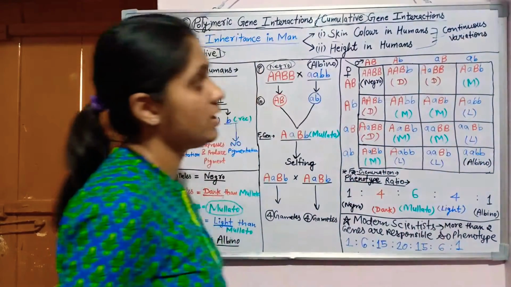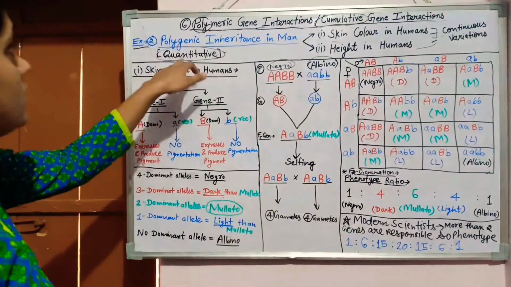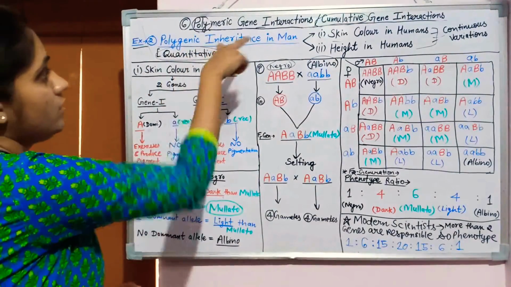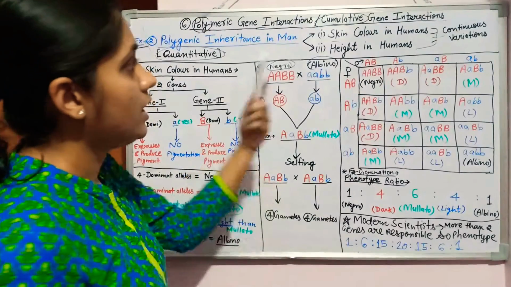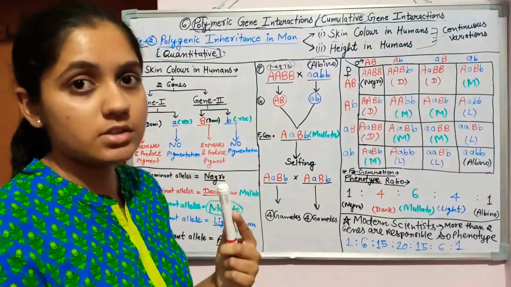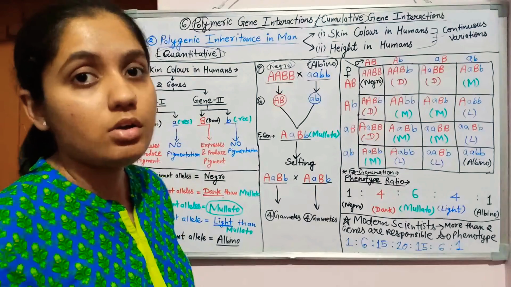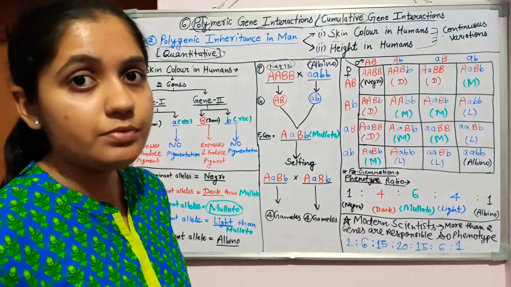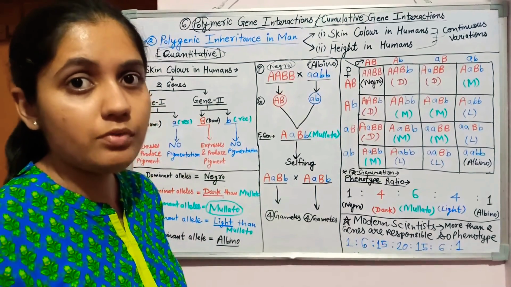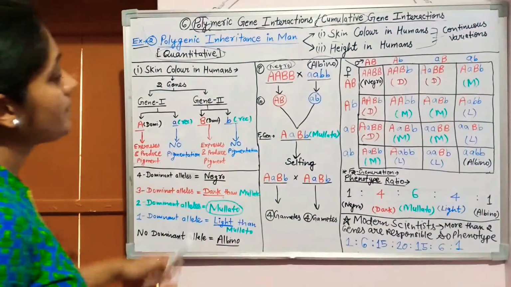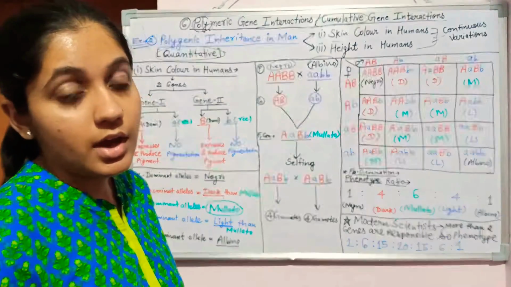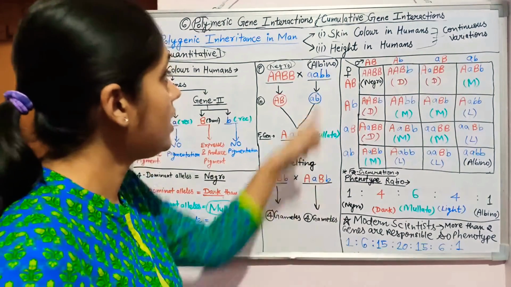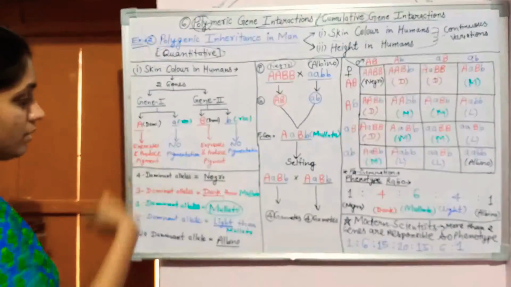In both, continuous variation is present, and polygenic inheritance in man shows quantitative inheritance, because the color of skin depends upon the number of dominant alleles, and the height in humans also depends upon the number of dominant alleles. If a higher number of dominant alleles are present, then the dark color is present, and if fewer dominant alleles are present, then albino, and between these, many colors can be present.